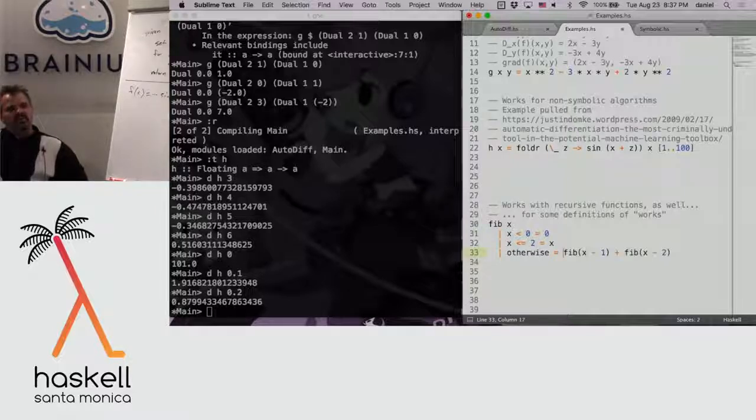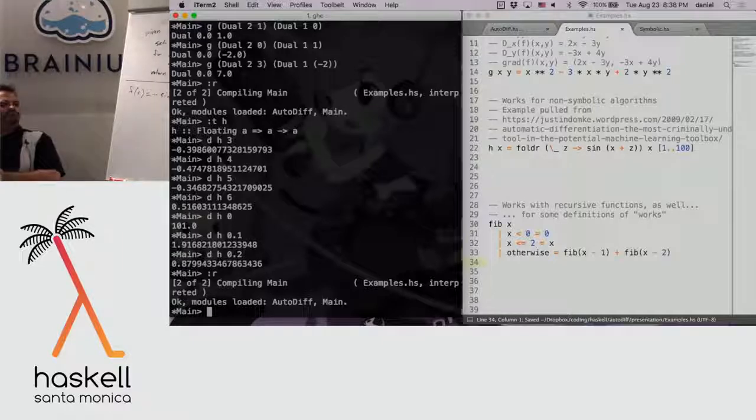Otherwise, fib x is fib of x minus 1 plus fib of x minus 2. This is kind of a continuous version of the Fibonacci function. So it doesn't start out the same, but once you get to a certain level, it gives you the expected result for integers. But this also works on decimals, on any float. So let's look at that.